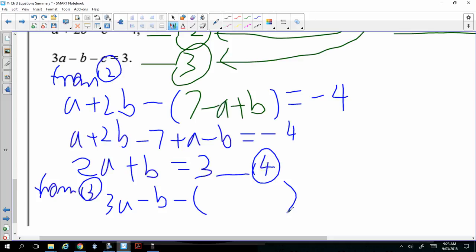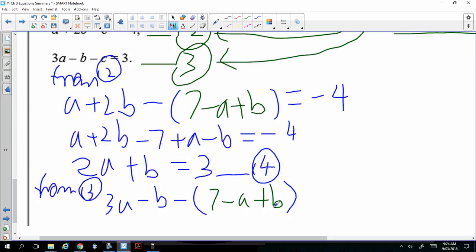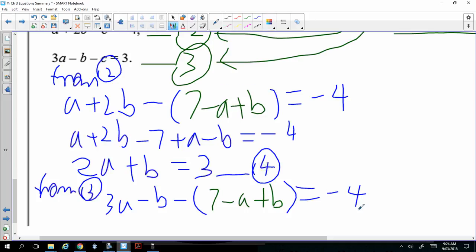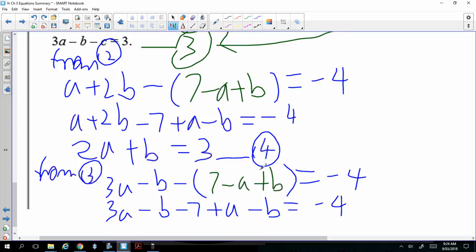And then it's going to get 3A minus B minus 7 plus A. Say again. Oh, 3. Oh, yeah. So accident happens. So right, 3. That's what happens when you do things in a rush. All right. Okay. Good.